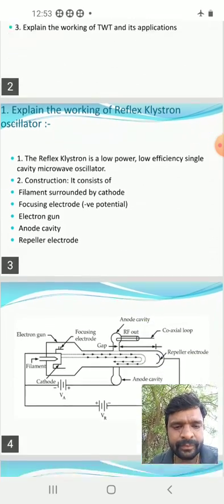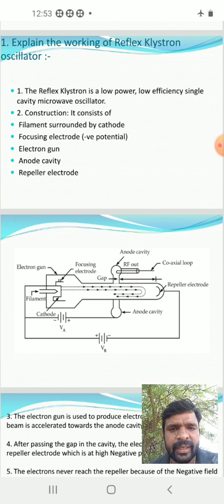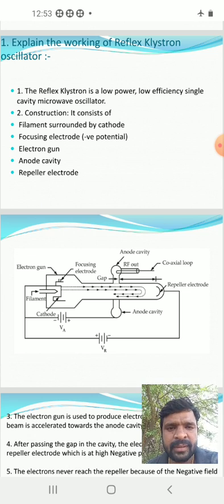Construction. The reflex Klystron oscillator consists of a filament surrounded by a cathode, focusing electrode, negative potential, electron gun, anode cavity, positive potential, and repeller electrode.